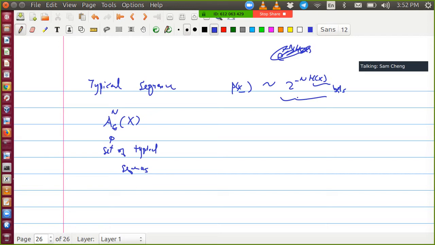So back to here, the set of typical sequences is just defined as the set of sequences of length n whose probability is close to this value. Let me write this. By the way, the notation I'm using here is just shorthand, where this is equal to x1, x2, up to xn, a sequence of that.